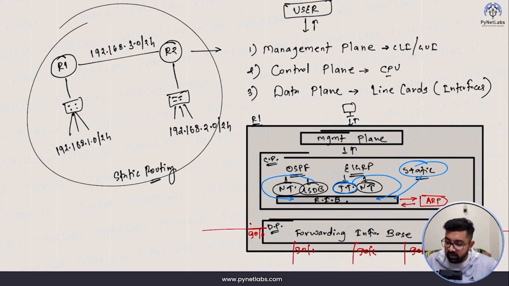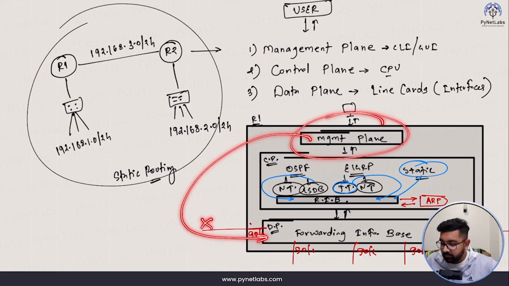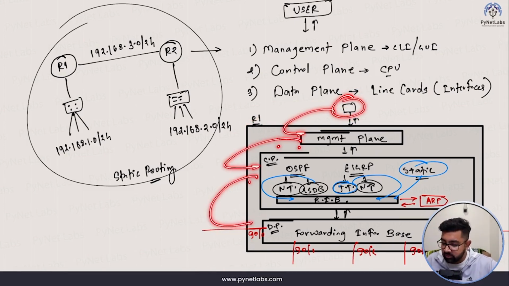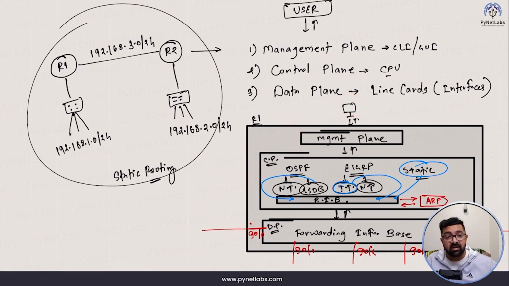The information to the forwarding information base will be given from the routing information base itself, right? So the management plane cannot directly talk with the forwarding table or data plane. Neither can you directly talk to the control plane and forwarding plane. You can only speak to the management plane, management speaks to control plane, control can speak to data plane. It's the hierarchy that every device needs to follow. And once they follow that, the information will be updated.